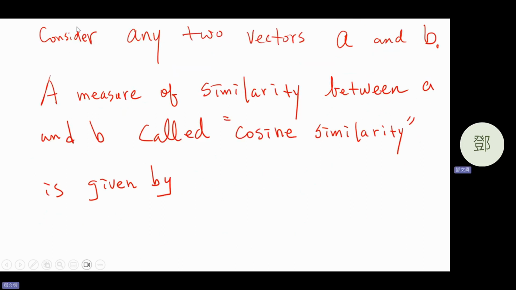Consider any two vectors A and B. A measure of the similarity in their orientation, their direction, called cosine similarity, is given by this, the same formula.